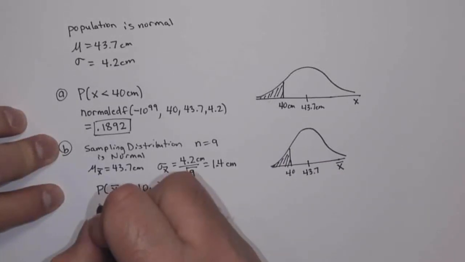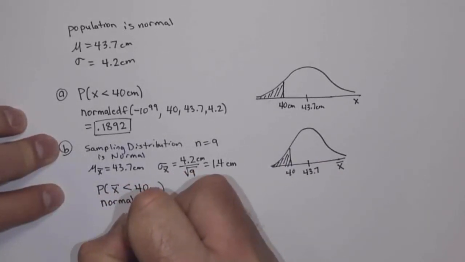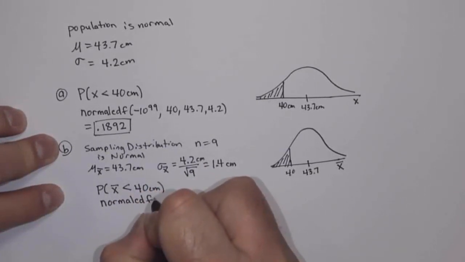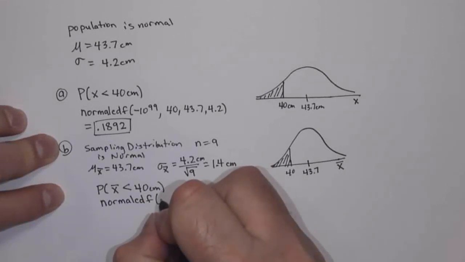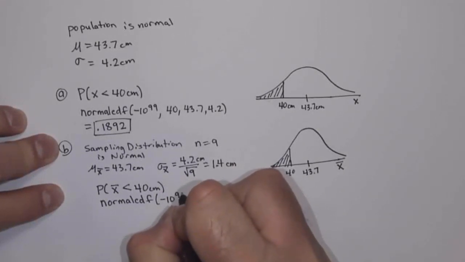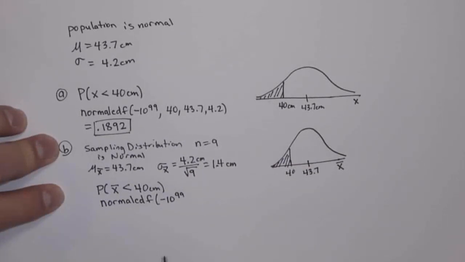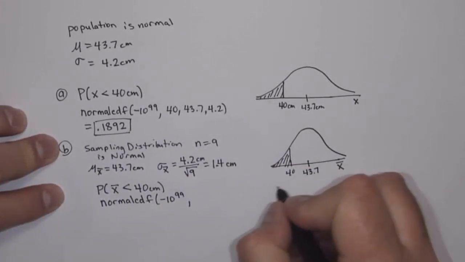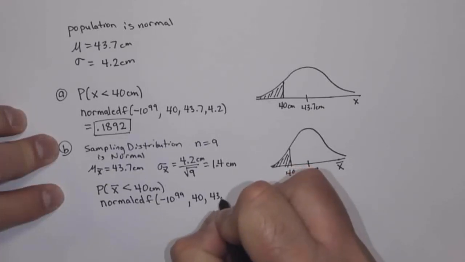If I again use the calculator, I'm going to use the normal CDF command. But again, I could do this by hand, or I could use StatCrunch. So you're welcome to do that. Again, I have no lower bound, so it's a big negative number, negative 10 to the 99. My upper bound is 40. My mean is 43.7.